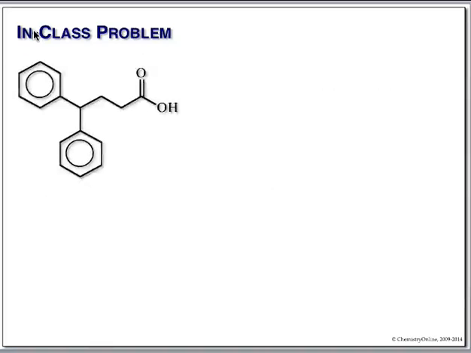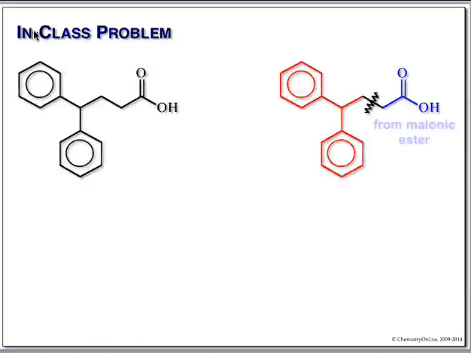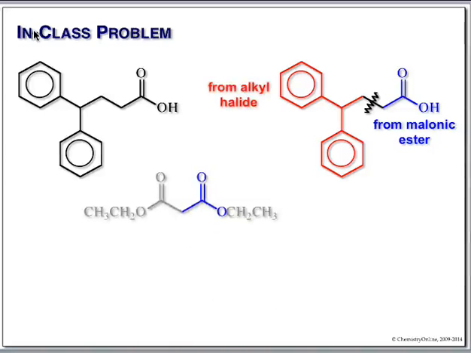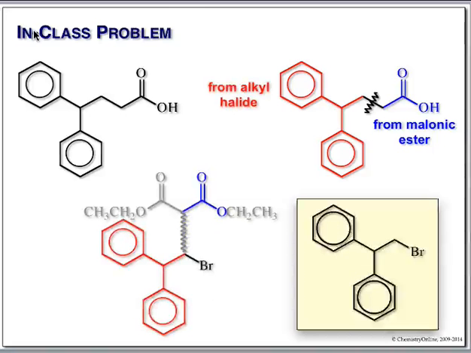The other part came from the alkyl halide. Draw the structure of the alkyl halide. It had two benzene rings, a CH, a CH2, and a bromine. All right.